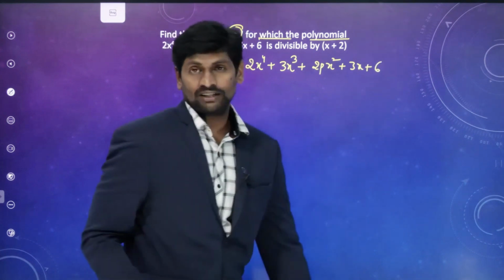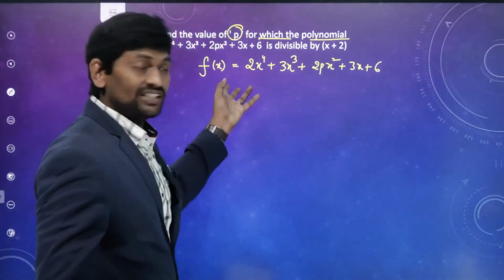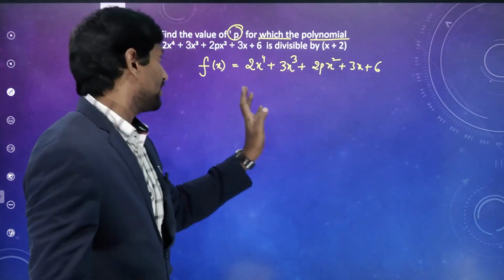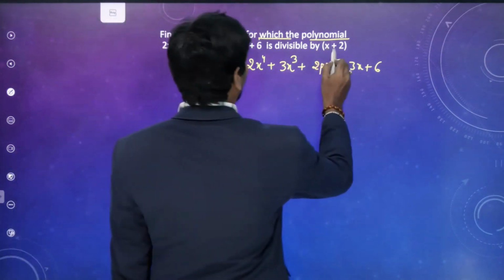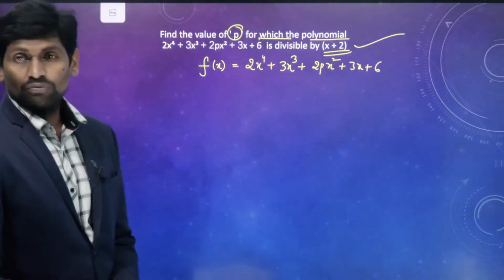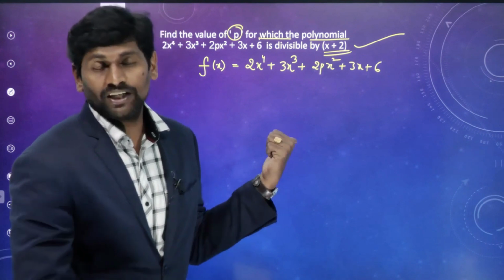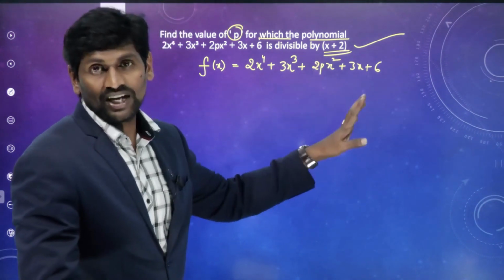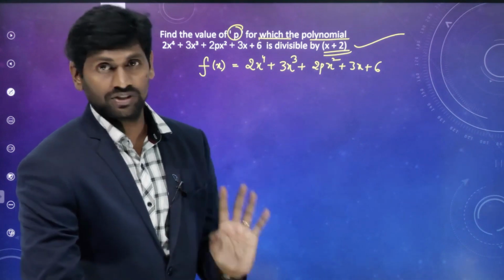So this is a biquadratic polynomial, right? Because whose degree is 4. Degree 4 polynomial is called biquadratic polynomial, and here x plus 2 is a factor. Exactly divisible by x plus 2. Whenever it is exactly divisible by x plus 2, remainder 0, x plus 2 is a factor and minus 2 is the solution.